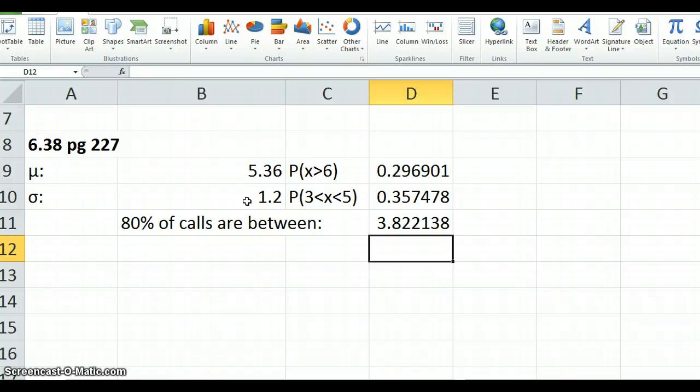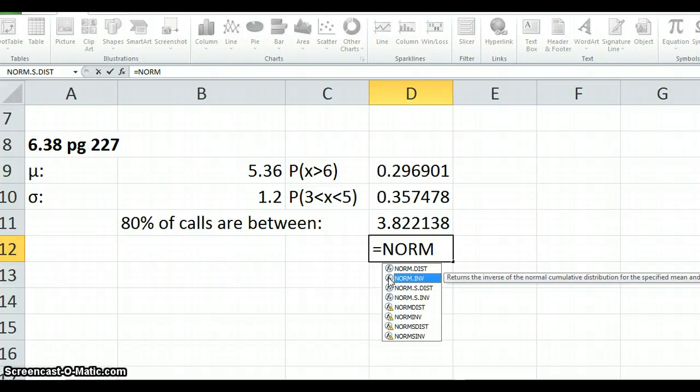And we need to think for a second because the higher bound, that's the bound where 10% of the calls are longer than that. But because NORM.INV, just like the regular norm function, only wants the lower, accumulating from the bottom, we need to realize, oh yeah, 10% above means 90% below. So I'm going to do basically the same thing here.